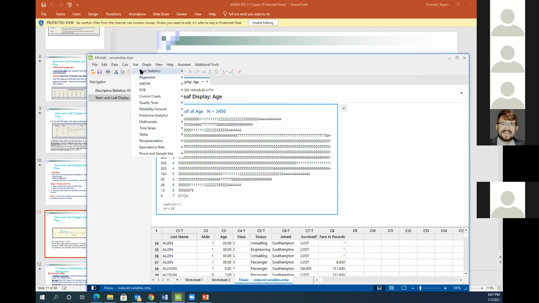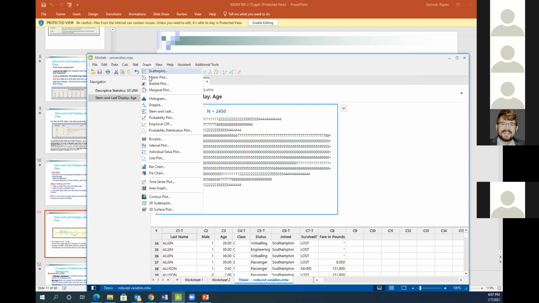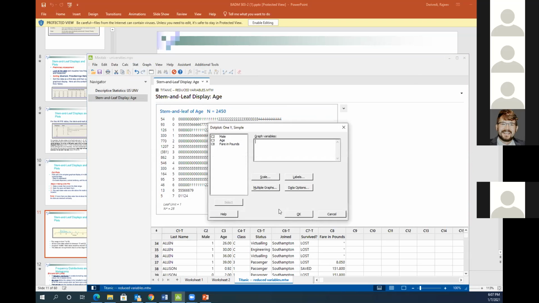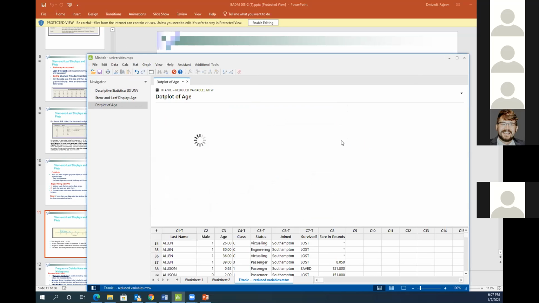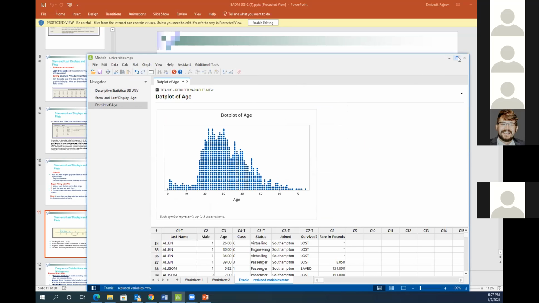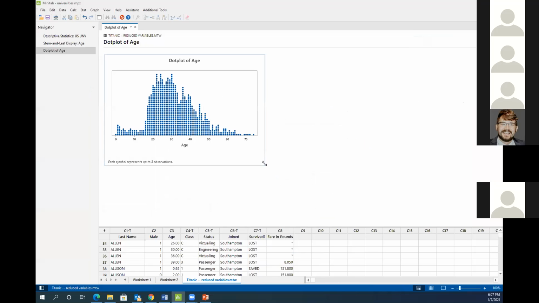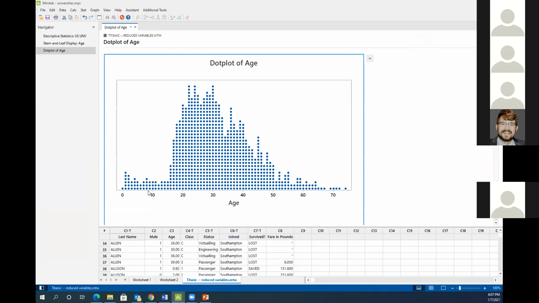Similarly, under graph, we have dot plot, and here you can see the dot plot, and in a particular age you can see how many people are there. Let's say I'm just picking this number 20.